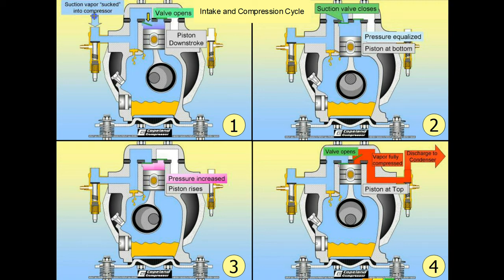So here is the suction vapor that is being sucked into the compressor, and the first cycle is the downstroke of the piston, and as that piston pulls downward, eventually the pressure inside of the piston itself will decrease below the pressure above the valve, which is right here, and that reed valve will open up, and this begins to pull in the heat-laden vapor from the evaporator.